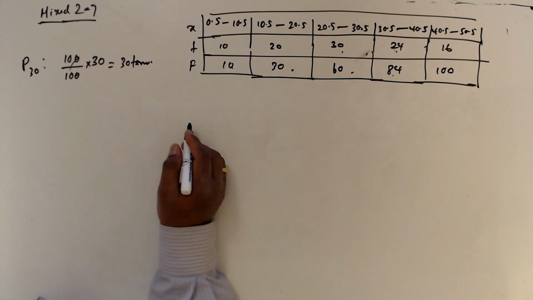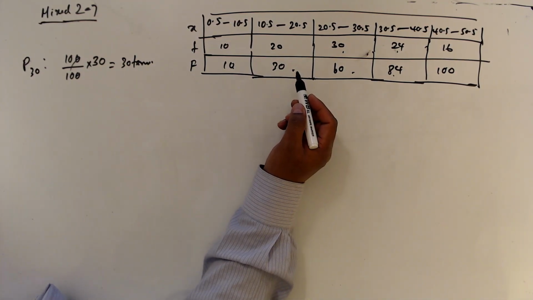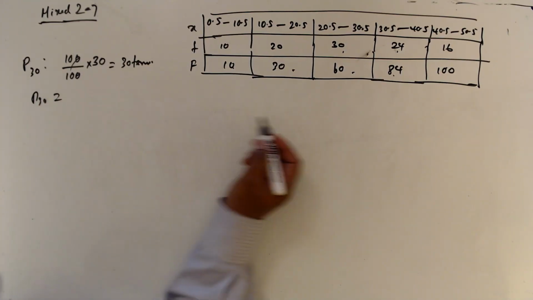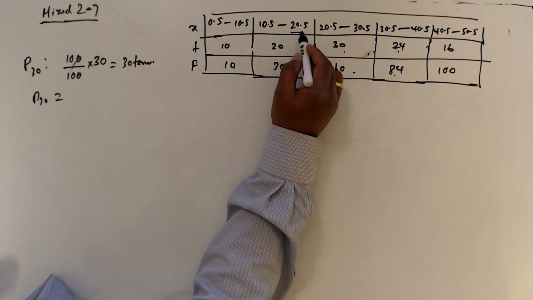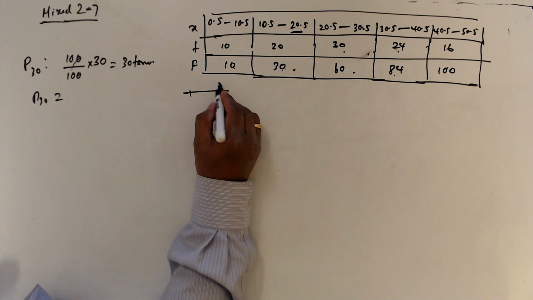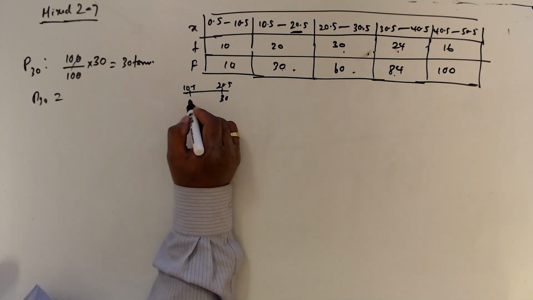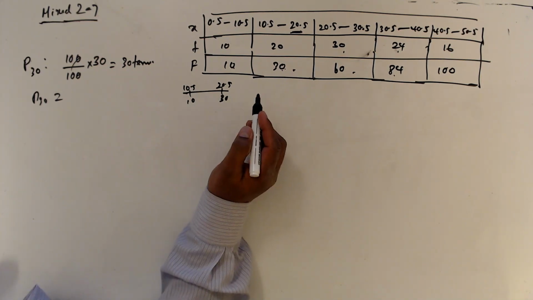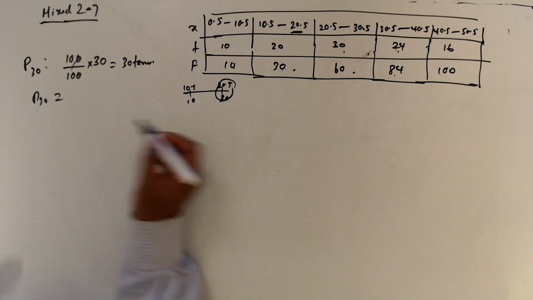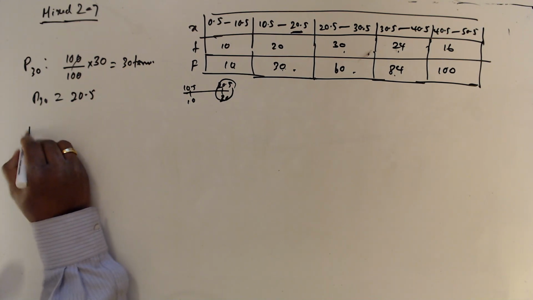So the 30th term is in... the 30th term exactly matches with the boundary 20.5, 30. Right? 20.5, 30, and 10.5, 10. So this is exactly match with the 30th term. So 20.5.